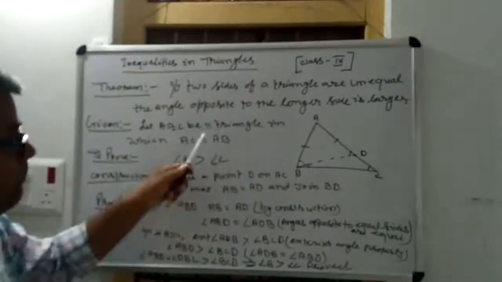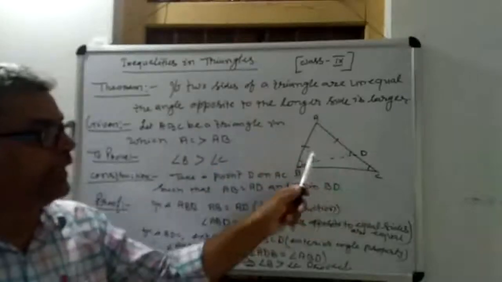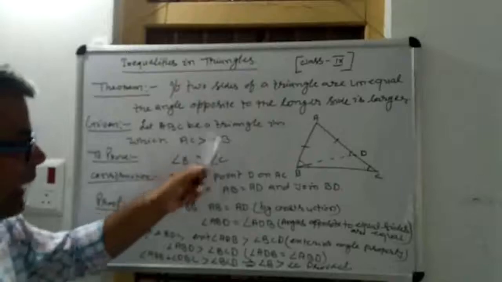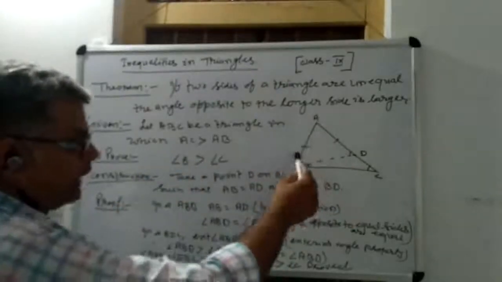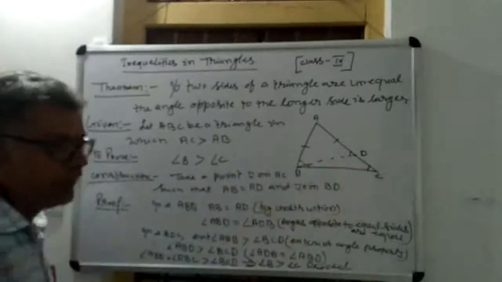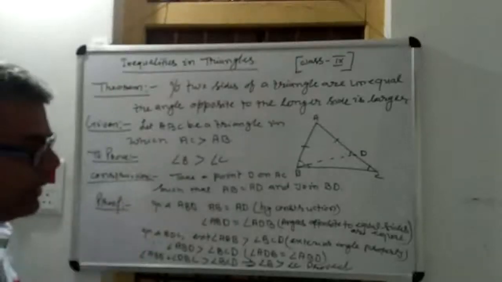Let ABC be a triangle in which we suppose the side AC is greater than side AB. Then we need to show that the angle opposite to side AC, that is angle B, must be greater than angle C. So we need a construction here.